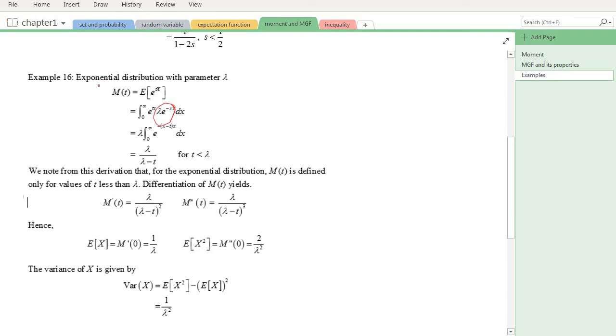One of them is the exponential distribution, which is a standard distribution. The PDF for the exponential is this. Then we multiply following the formula of MGF. We have a multiplication of this term and the integral, and then we solve it, and we get this.